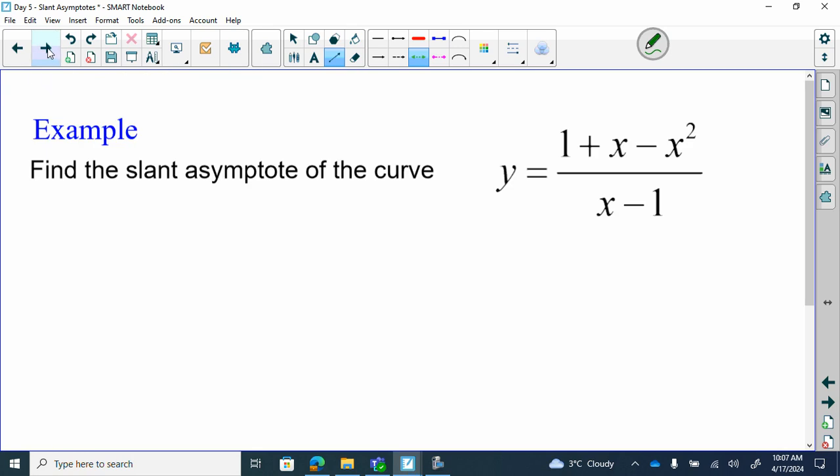Try one more example. It's just asking you to find the slant asymptote. I'm going to add this to it. And the vertical asymptote.